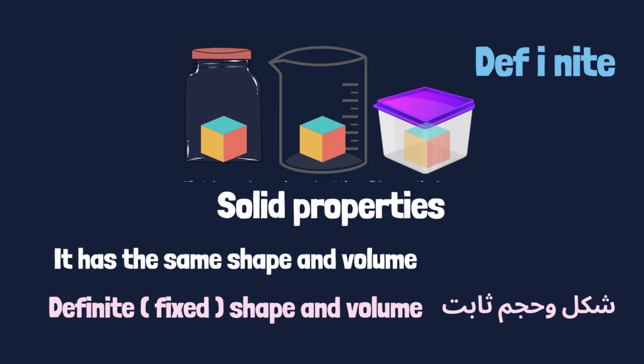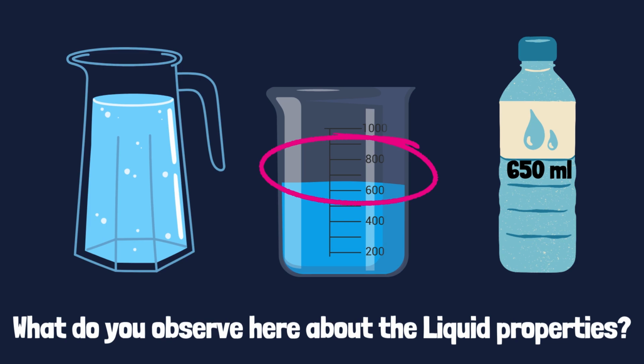Okay, here we have liquid. As we see here, we have this water in different containers, as in a jar, a beaker, and a bottle. So here we will observe something different. What do you observe about the liquid properties?